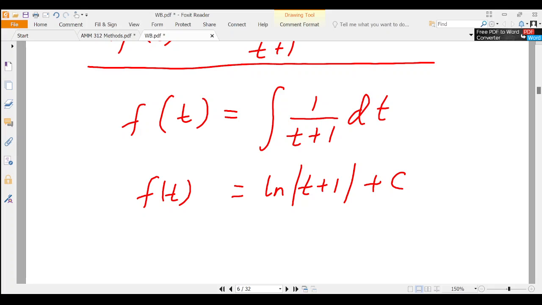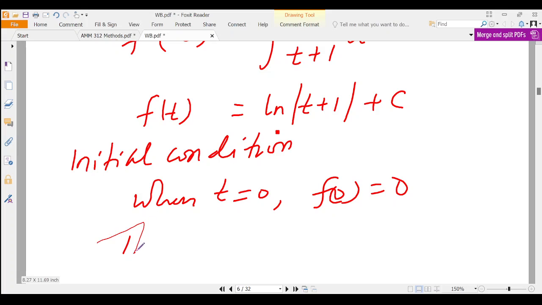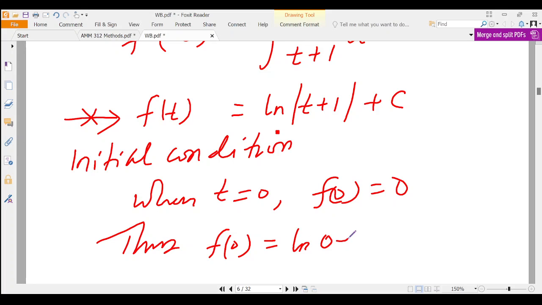And remember the initial condition. The initial condition is that when t is equal to 0, we have f of 0 equal to 0. So we can write from our expression here that f of 0, which is equal to logarithm of 0 plus 1 plus c, must be equal to 0.